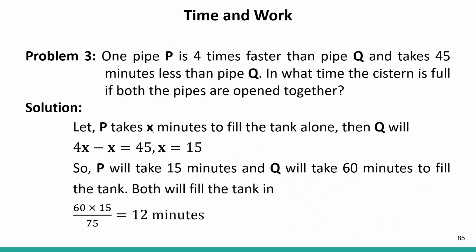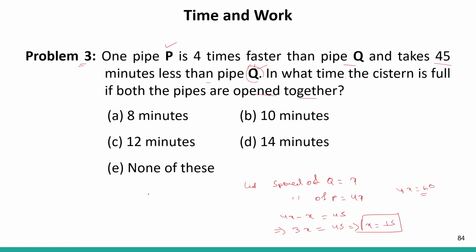So P will take 15 minutes to fill the tank alone and Q will take 60 minutes. Both will fill the tank in 15 into 60 by 75, that is equal to 12 minutes. So among these options, only option C is correct. So this is the correct answer.